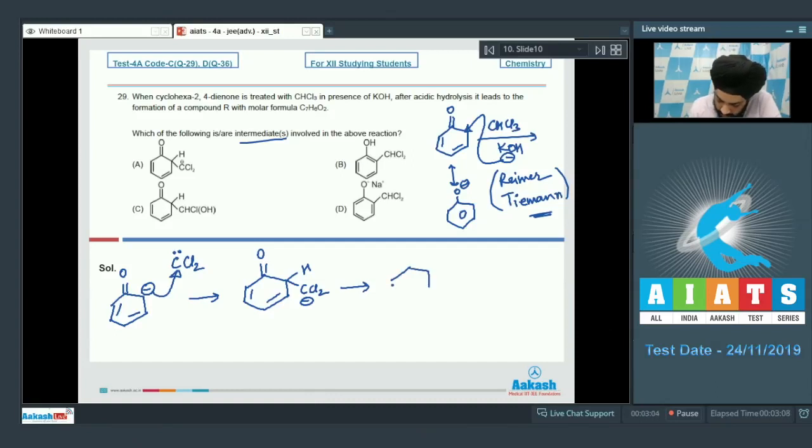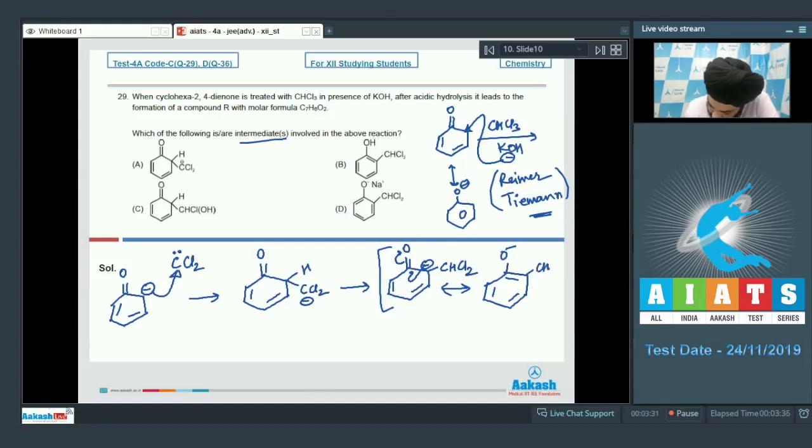So this is going to lead to the generation of the carbanion over here. So we're going to have CHCl2 negative. Now this carbanion will undergo tautomerization, students. So there will be tautomerization happening, and then this will convert into the substituted phenoxide ion.